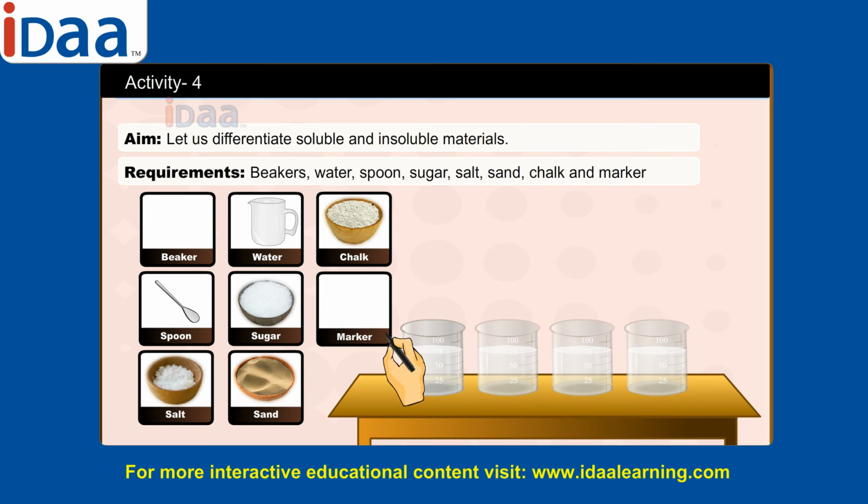Mark the first beaker as sugar, second beaker as salt, third as sand, and fourth as chalk powder. Take a tablespoon of each substance and add it to its corresponding beaker.